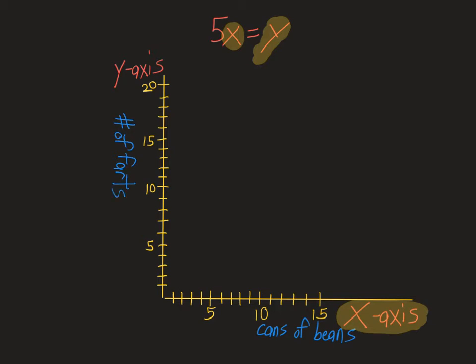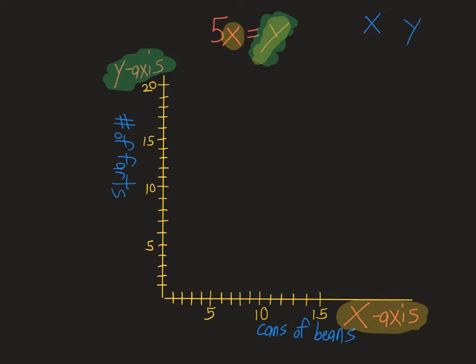It always has to be this way because the y-axis always goes up and down, and f of x or y is always the output for the equation. That's just how it goes. So you'll always have the x-axis left, right, y-axis going up and down, and that'll be how it connects to your equation.